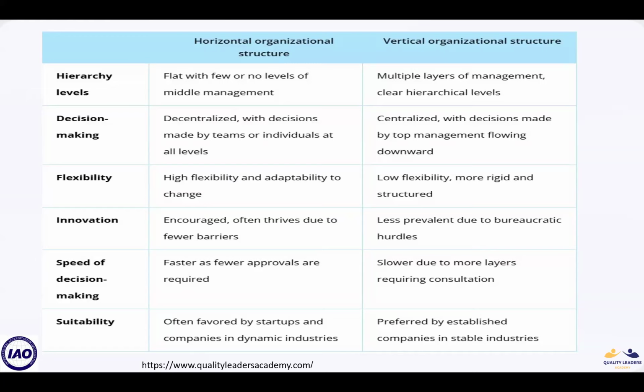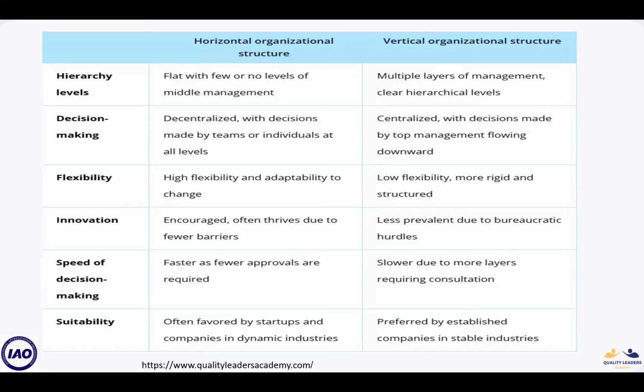But in vertical organizations, innovation is less prevalent because bureaucratic hurdles are there, red tape is always there. As far as speed of decision making is concerned, decisions are faster in horizontal because there are fewer approvals, and slower in vertical structures.